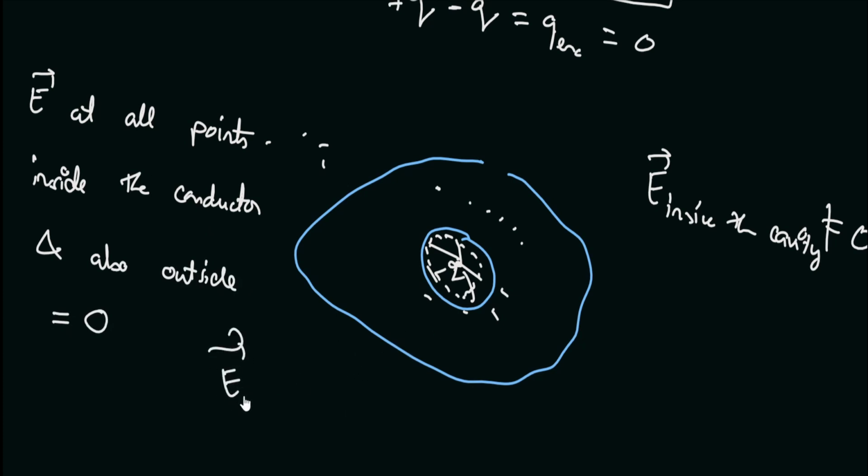Now, the electric field in this case will be the electric field due to the charge Q plus the electric field due to the induced charges. I'll just write I.